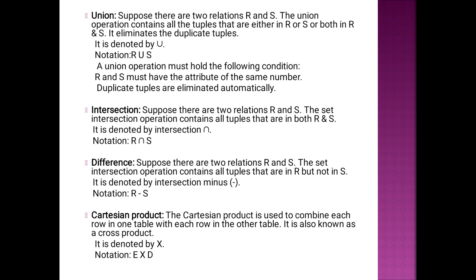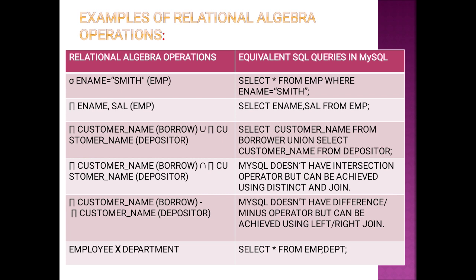So we must know whether these set operations are supported by MySQL or not. How can we understand it? We can understand it with the help of this table. Here I am comparing relational algebra operations with equivalent SQL queries in MySQL.